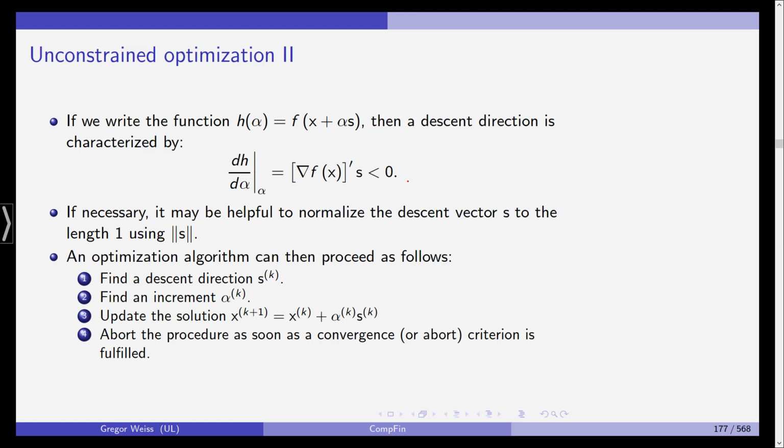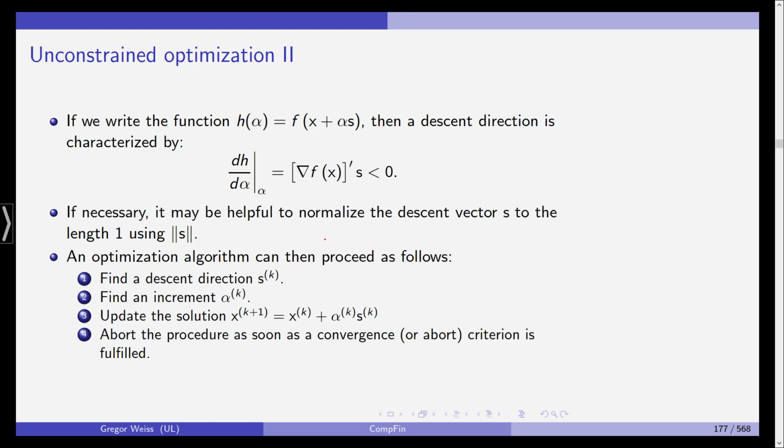That the direction you're taking leads to a minimization of the function. And if necessary, it may be helpful to normalize the descent vector to length 1. You can do this by taking the norm of the vector s.